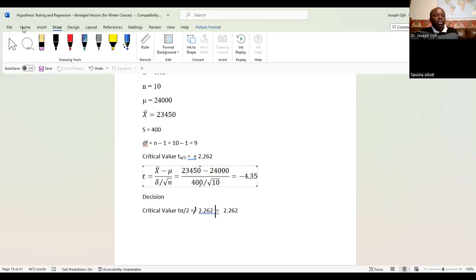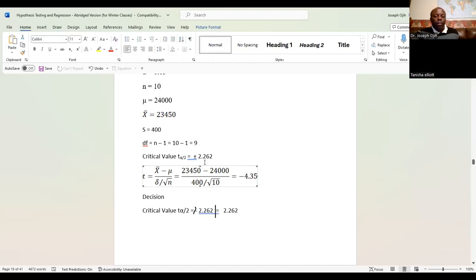So now we'll repeat the same process for the calculated value, the answer, negative 4.35.